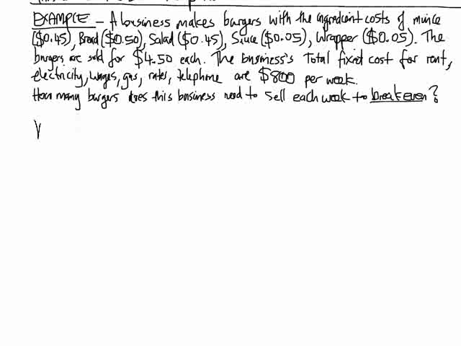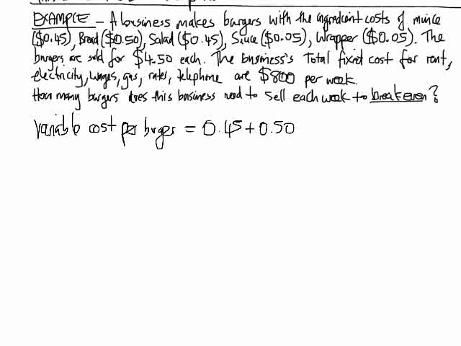So variable cost per burger is going to be 45 cents plus 50 cents plus 45 cents again, plus 5 cents, and plus another 5 cents.